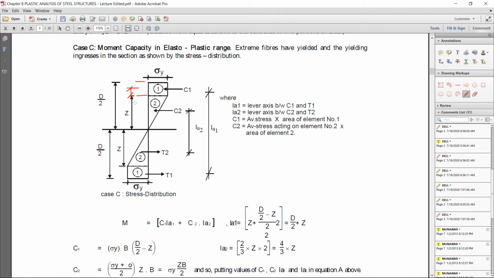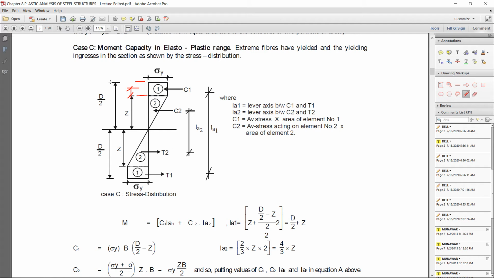For getting this depth here, LA1 is z plus d by 2 minus z.